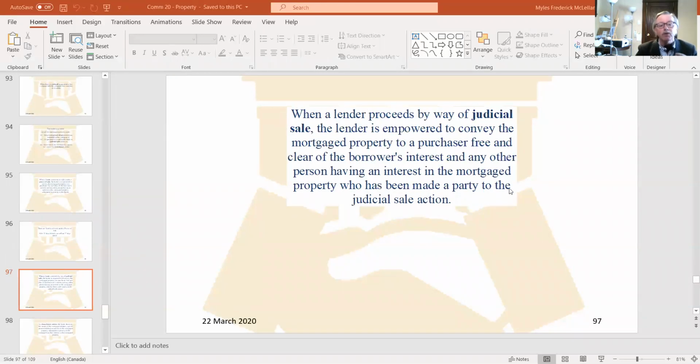There's also what's called a judicial sale, which is very similar to a power of sale, but what happens is that a mortgagee can take a sale property and put it into the hands of a court to exercise that sale. So it doesn't have quite the same time frame provisions, but you will be sued as the mortgagor with an action basically setting out that the court is going to conduct what's called a judicial sale.